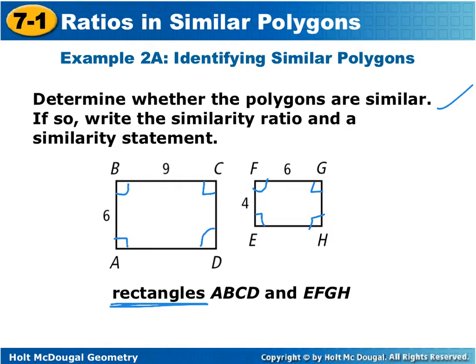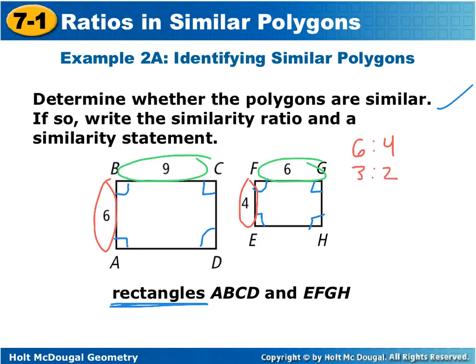Now we need to make sure all the sides are in proportion. So we're going to compare the short side to the short side and the long side to the long side. Let's set up a ratio for 6 to 4. What does this simplify to? 3 to 2.